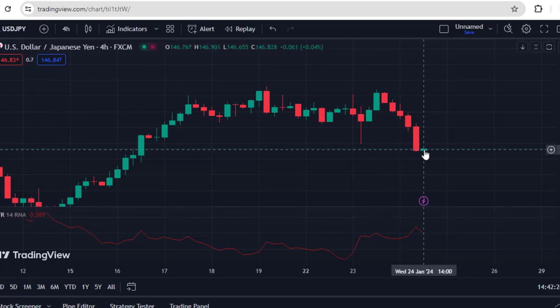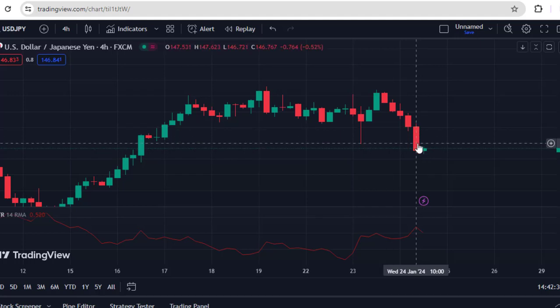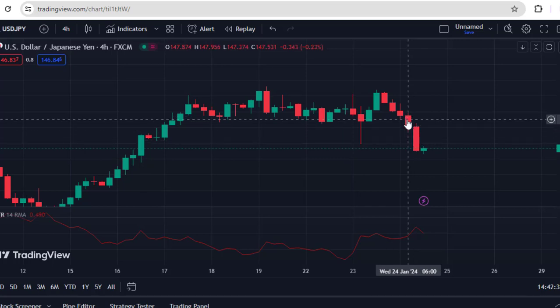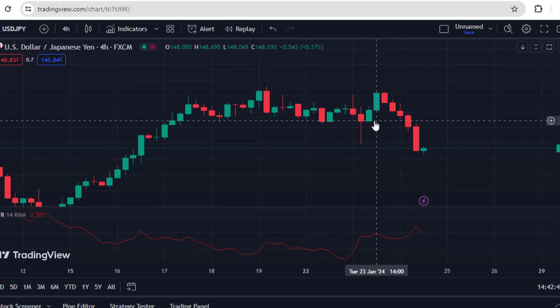What we have is 0.500. If I put the cursor on this second candlestick, we have 0.520. And then the third candlestick here is giving us an ATR value of 0.490. So each of these candlesticks has its ATR value.